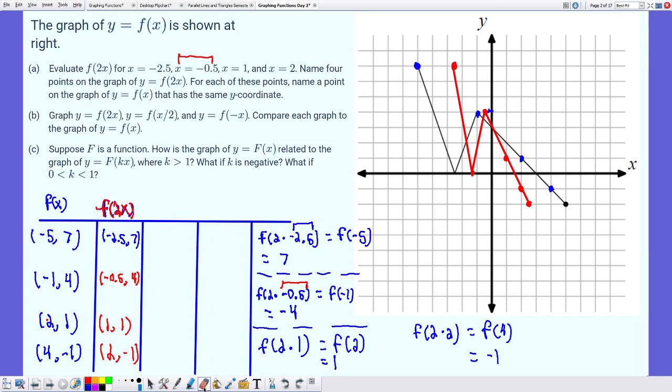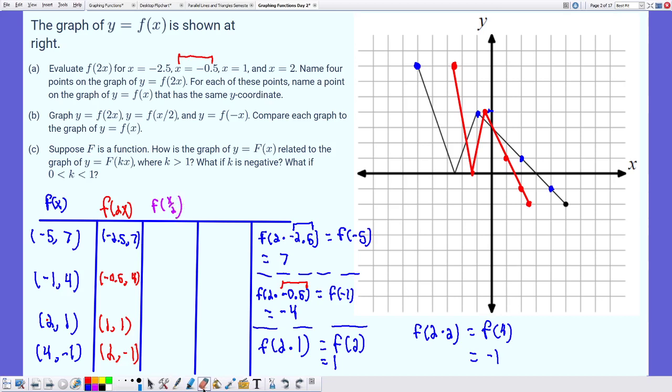Now, the next one it wants us to find for part B is f of x over 2. So this is going to be my f of x over 2.